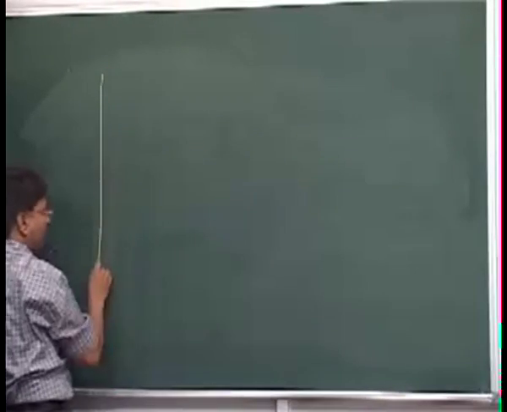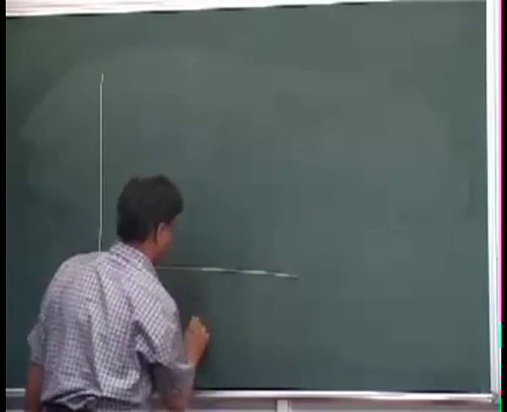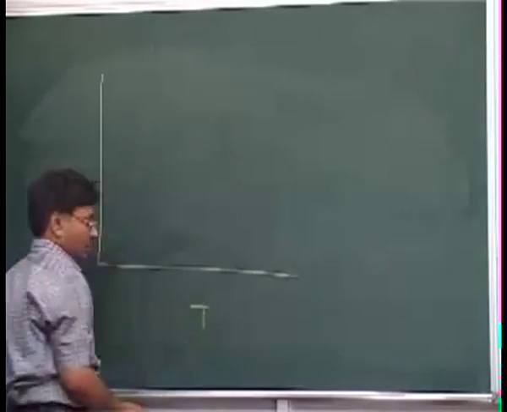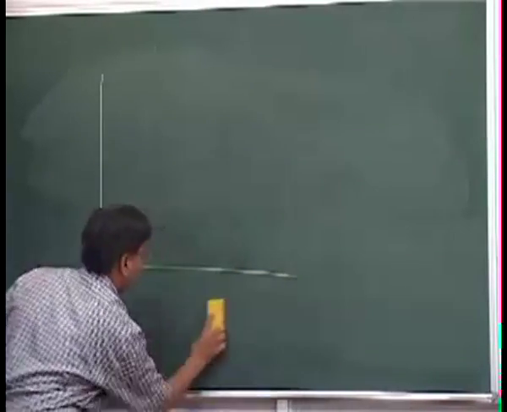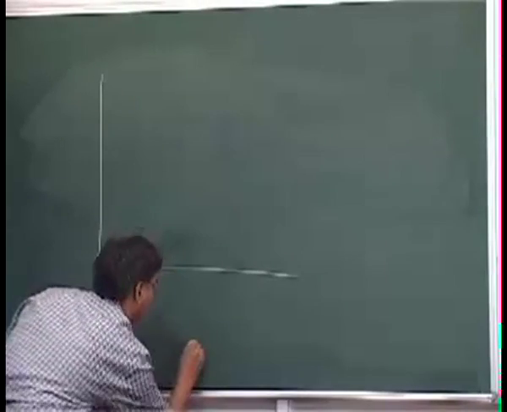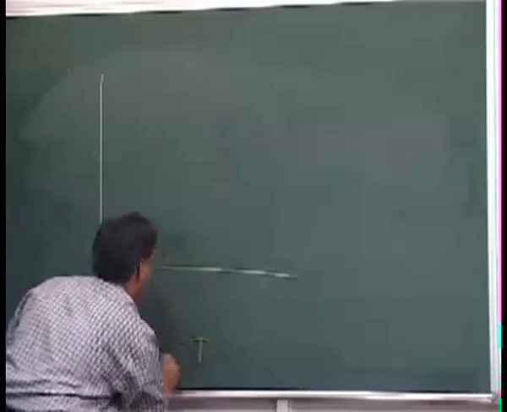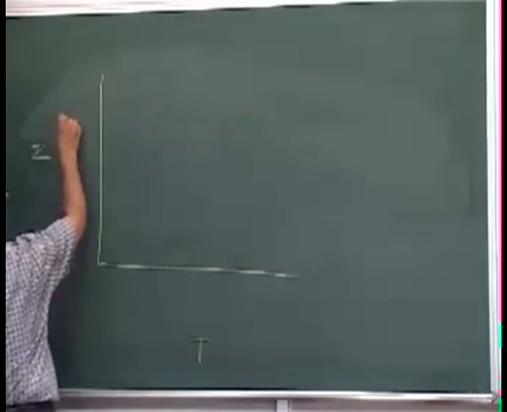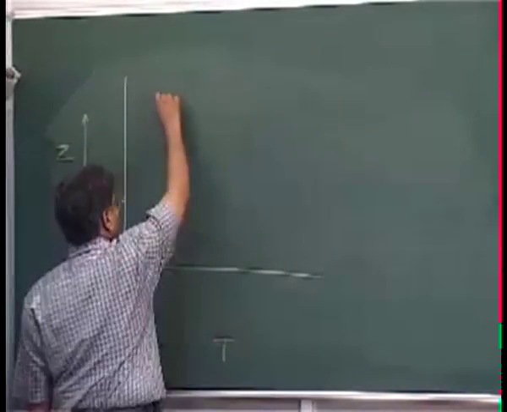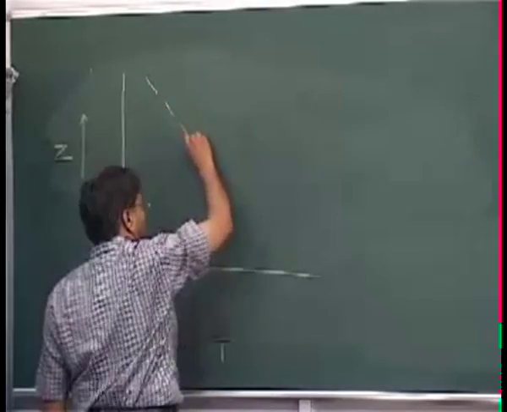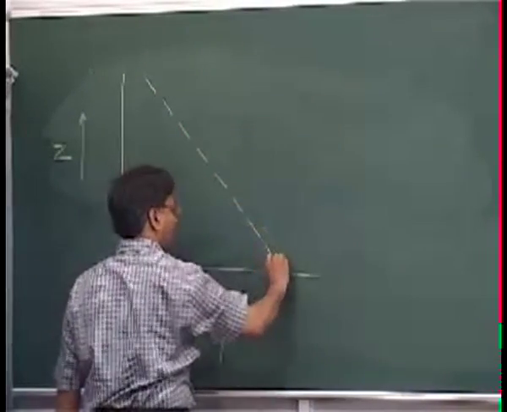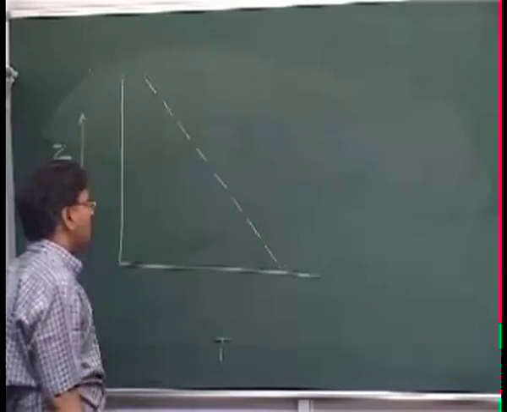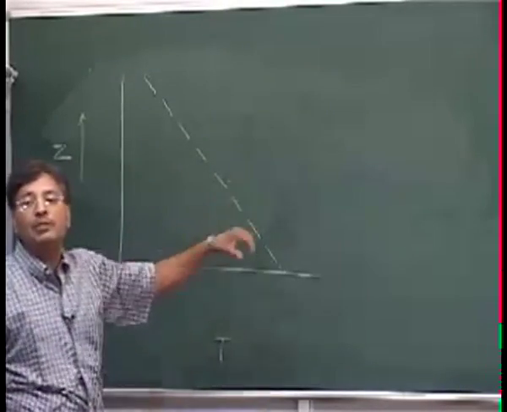So I draw a picture, again Z versus T. Let's make it a nice one, and Z here. This is my reference DLR, and suppose I am talking about what happens at daytime to the pollutant.